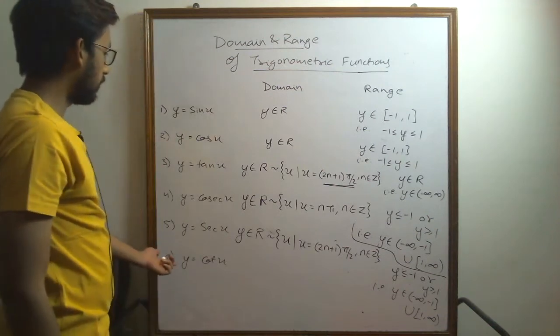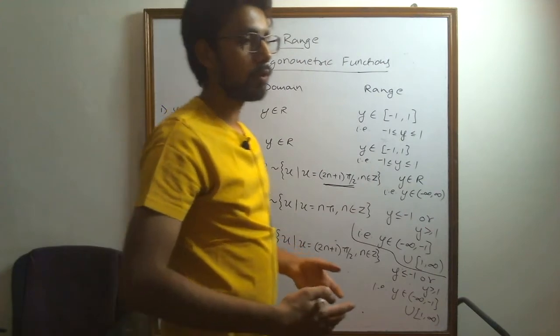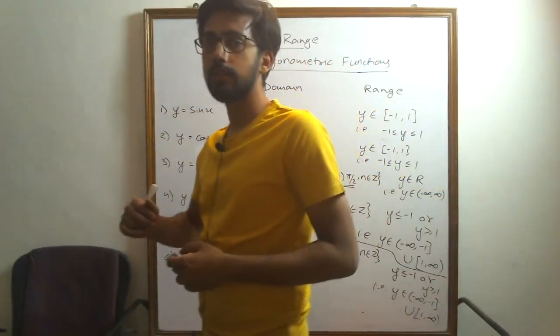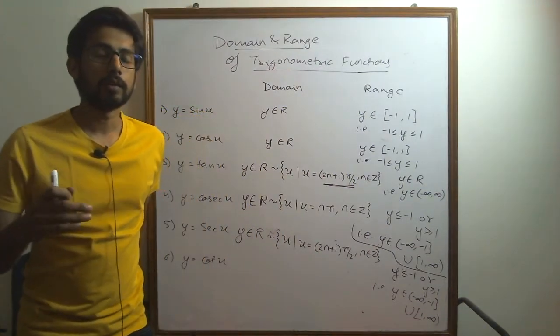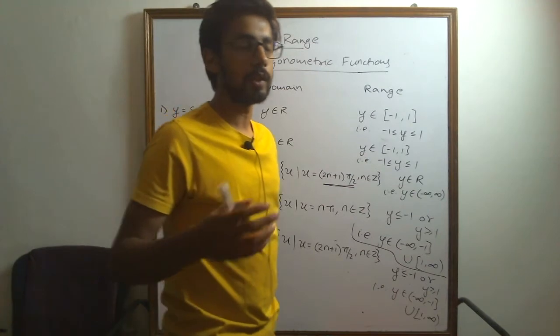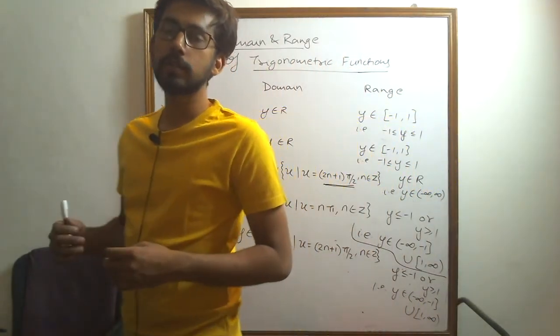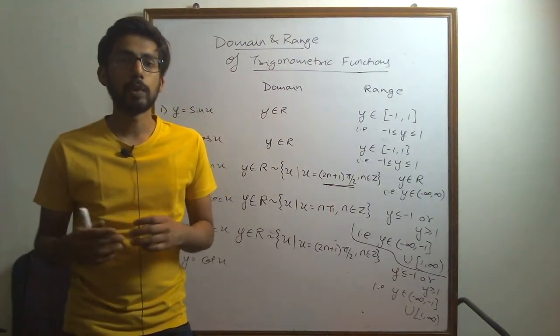Then the last function, y is equal to cot x. Now cot x is defined as the reciprocal of tan x. That is, y is equal to cot x is equal to 1 upon tan x, which is the same as cos x upon sin x. So whenever sin x is equal to 0, cot x will not be defined.